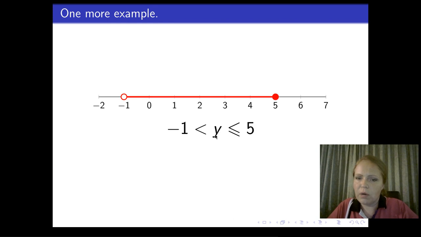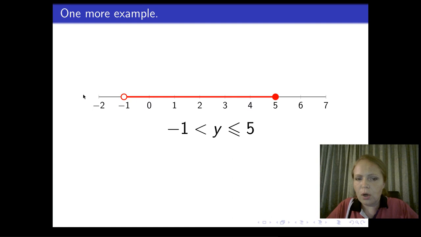What about this inequality? If your solution is a range of numbers between two given numbers, your inequality contains 2 inequality signs. For example, variable y. You are given 2 inequality signs, like greater than and smaller than or equal to. So you're given 2 numbers, -1 and 5.